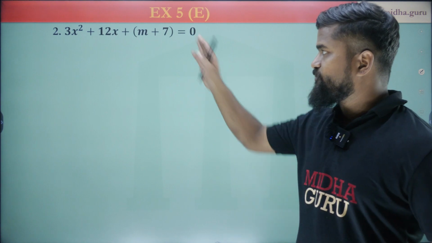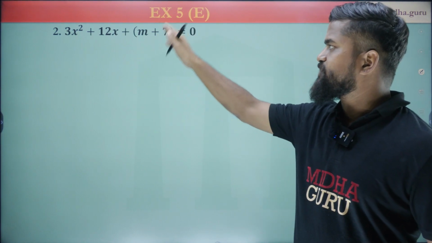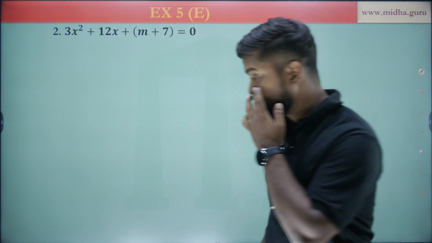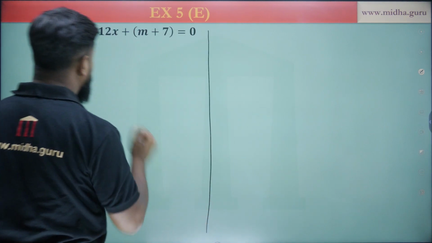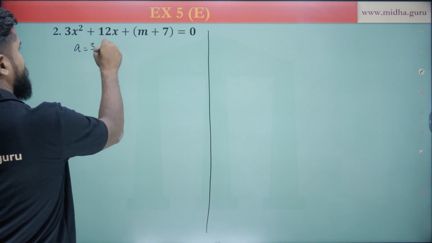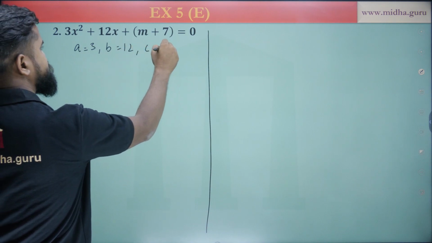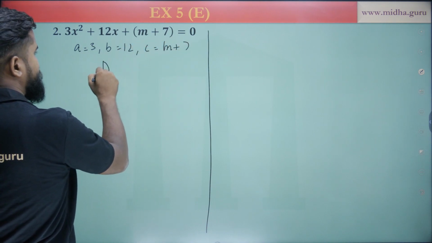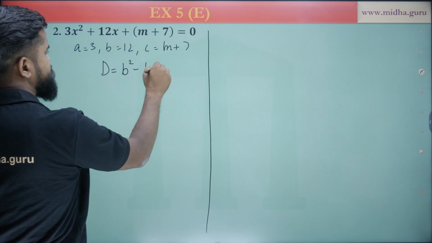Now the next part says for this equation, that is 3x squared plus 12x plus (m plus 7) is equal to 0. Again, we will begin by taking the values of a, b and c. Again, first things first, we will calculate the discriminant.